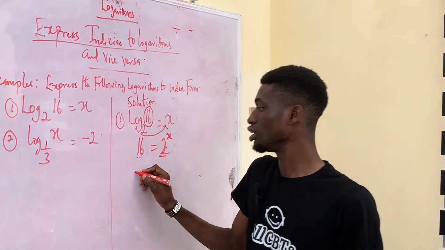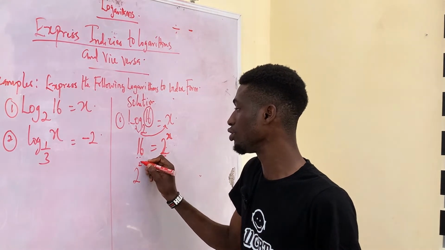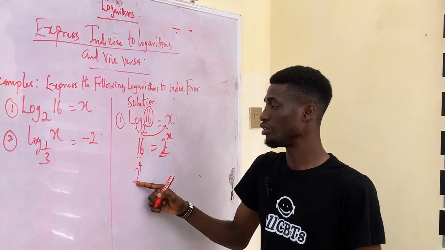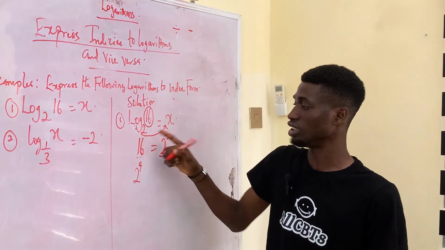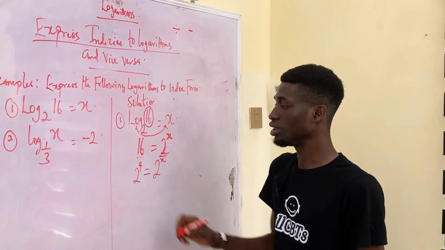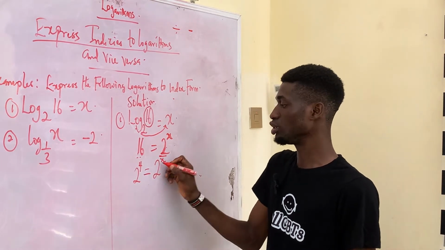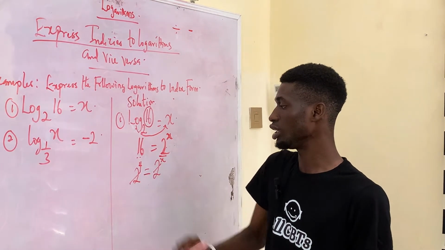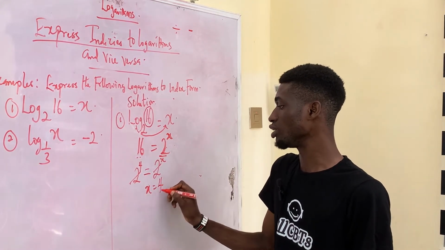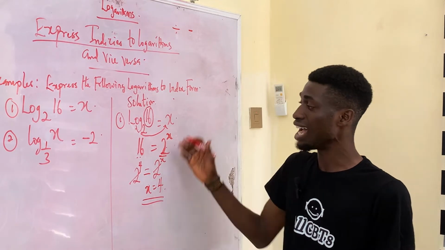We are going to have 2 raised to power what? 4. Meaning that 2 times 2 times 2 times 2, 2 in 4 places, is going to give us 16. Then I have 2 raised to power what? X. Now the bases are the same, so you eliminate them. You cancel it out. So our final answer for x equals to what? 4.